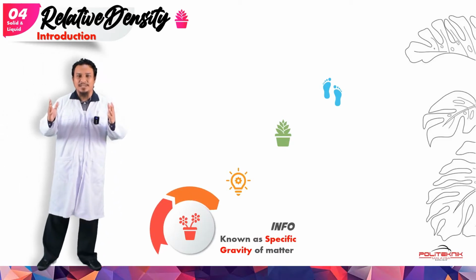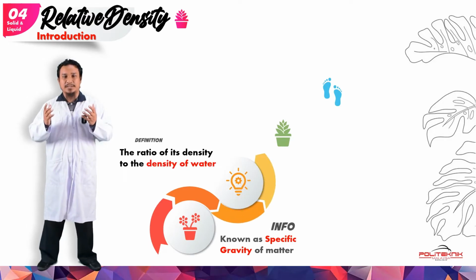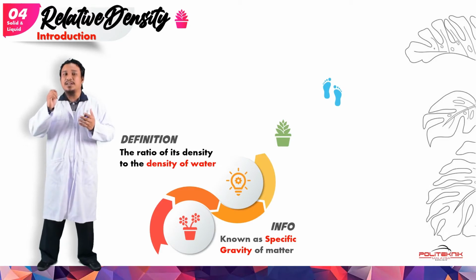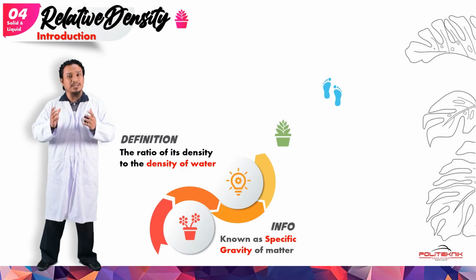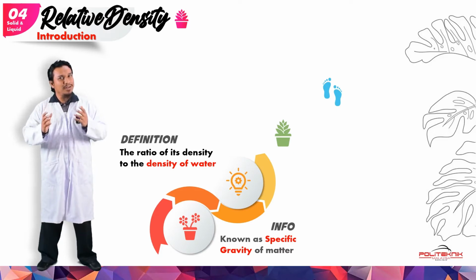Relative density. It is known as specific gravity of matter. The definition is the ratio of its density to the density of water. Did you remember what I've mentioned earlier, the important information?